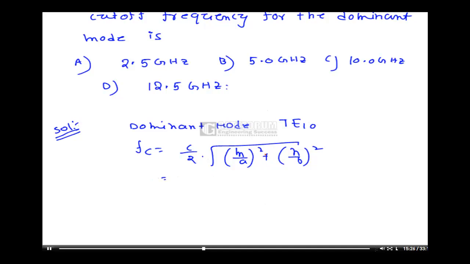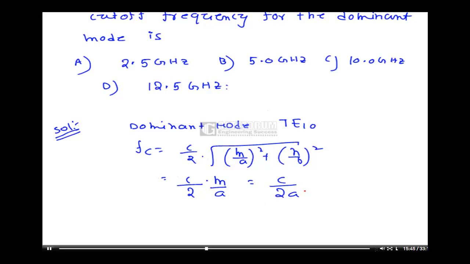Here m is equal to 1, n is equal to 0. So directly we can say c by 2 into m by a, and with m equal to 1, that is c by 2a. So this is the cutoff frequency.